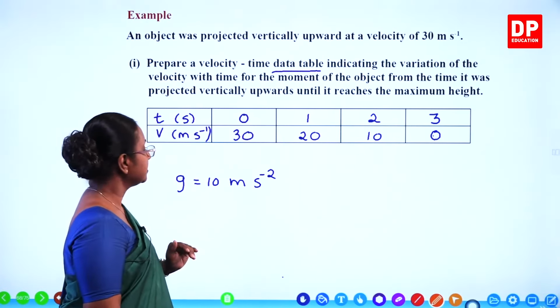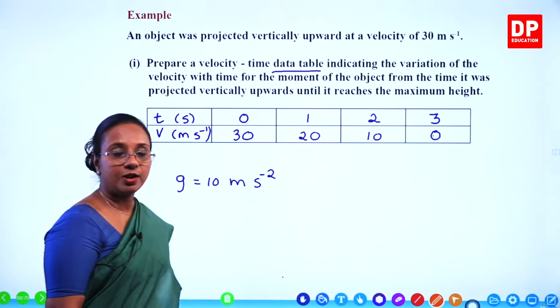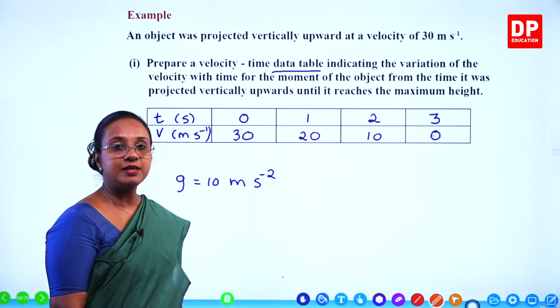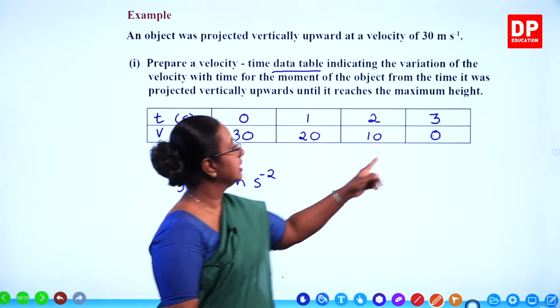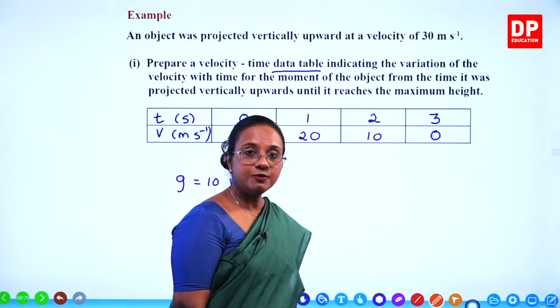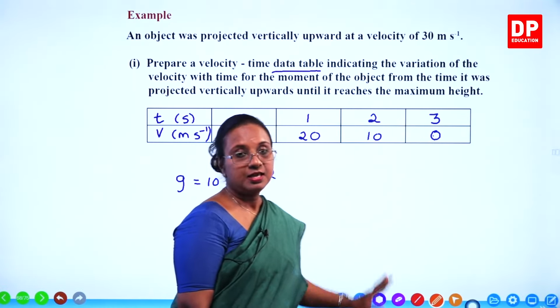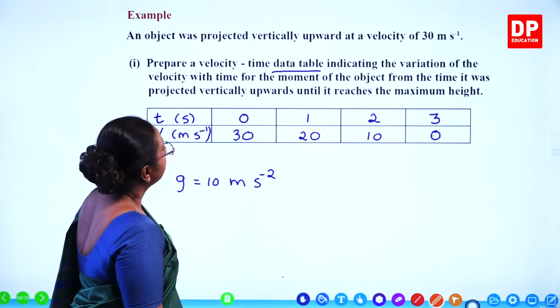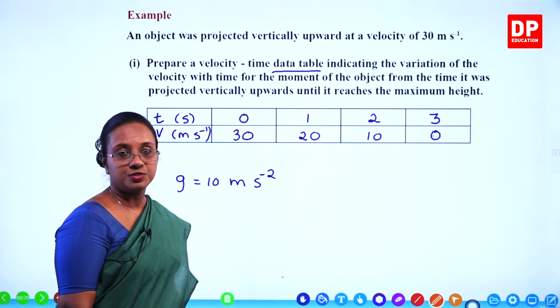So as you can see, we projected the object upwards with a velocity of 30 meters per second. It reached its maximum height with velocity 0 at the end of 3 seconds. This is the data table for the movement of this object.